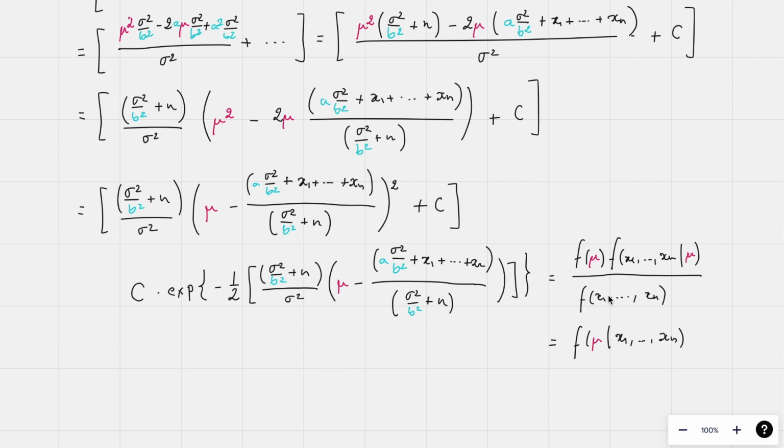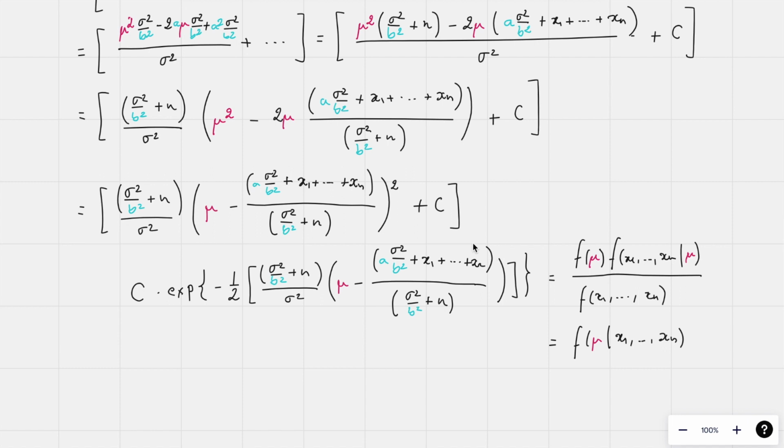As you can see, it does not have any mu involved in it. So this is just a constant, which allows the numerator to integrate to 1. This constant can be anything such that the integral with respect to mu is equal to 1.